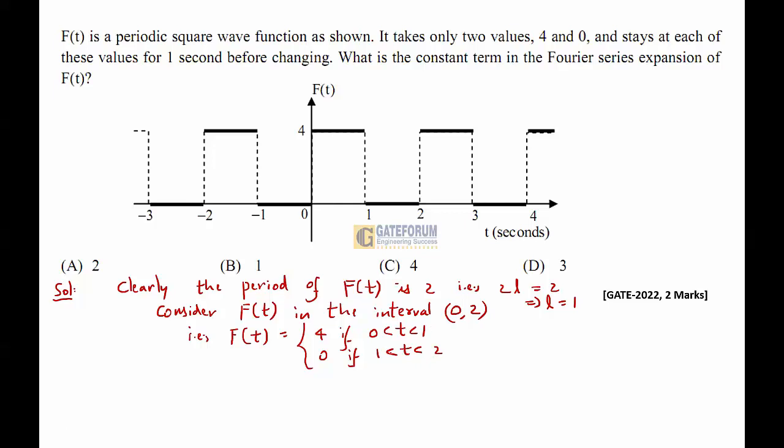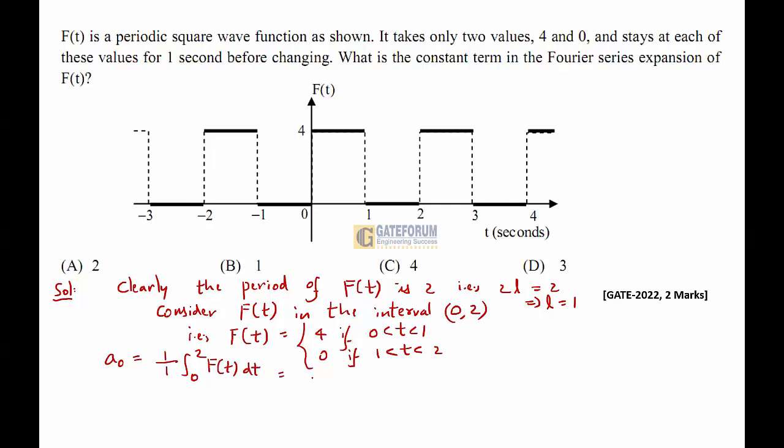Okay. Do you know that a naught by 2 is the constant term in the Fourier series of f of t in the interval 0, 2. a naught is equal to the formula 1 by L, that is 1 by 1, integral 0 to 2L, that is 0 to 2, f of t dt.